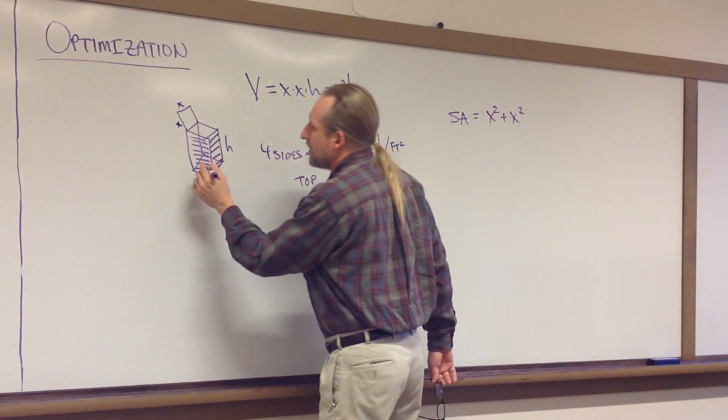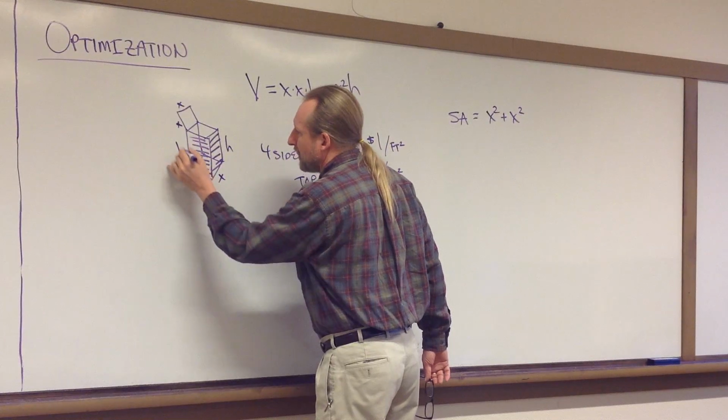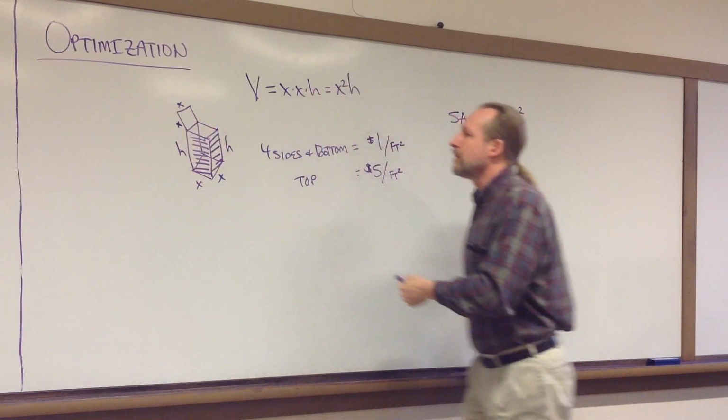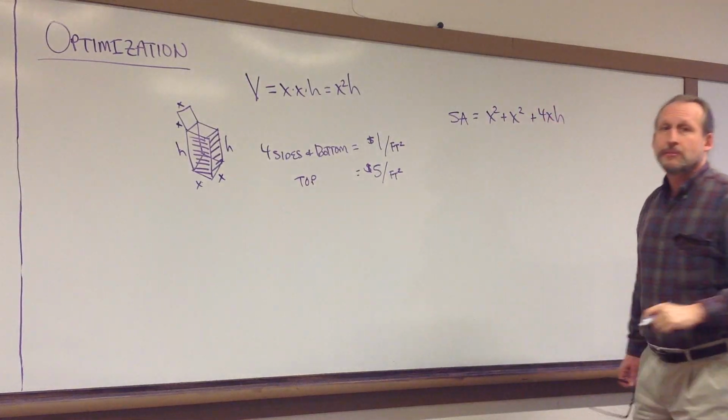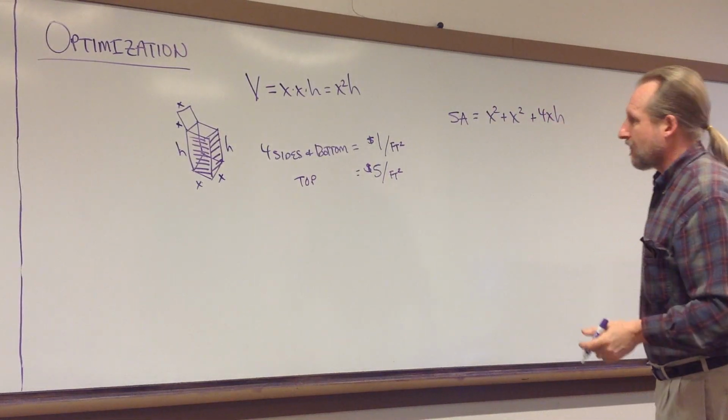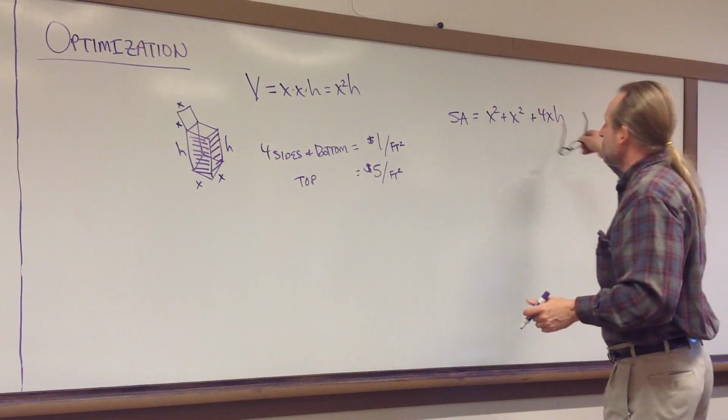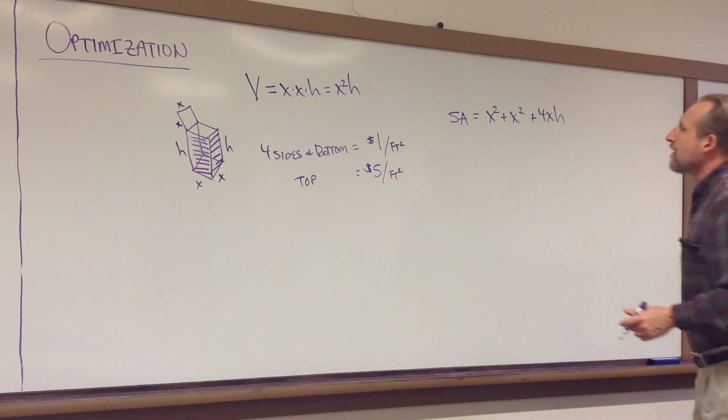Each side here is x by h, and there's four of them, so those sides are going to be 4xh. There's the formula for the surface area.